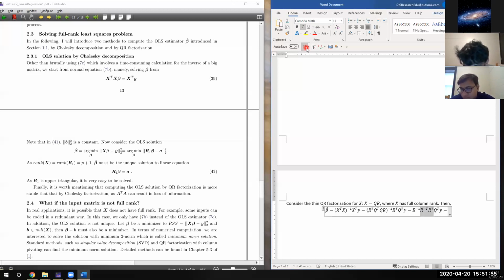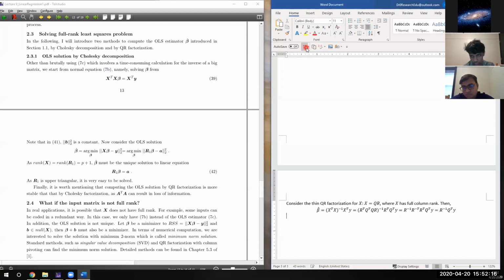This and this cancel, see it? So you directly have this part. So you have your beta hat, which is the OLS solution, ordinary least squares solution, equal to this.